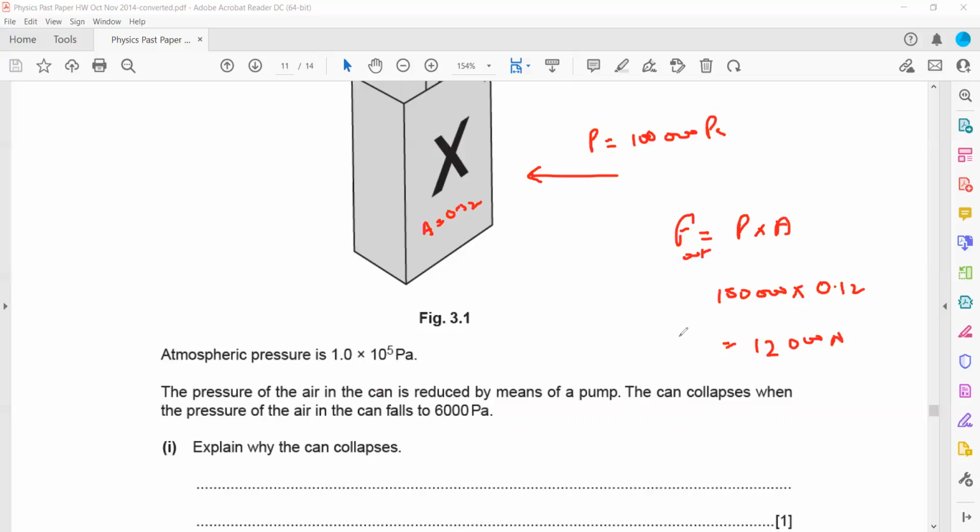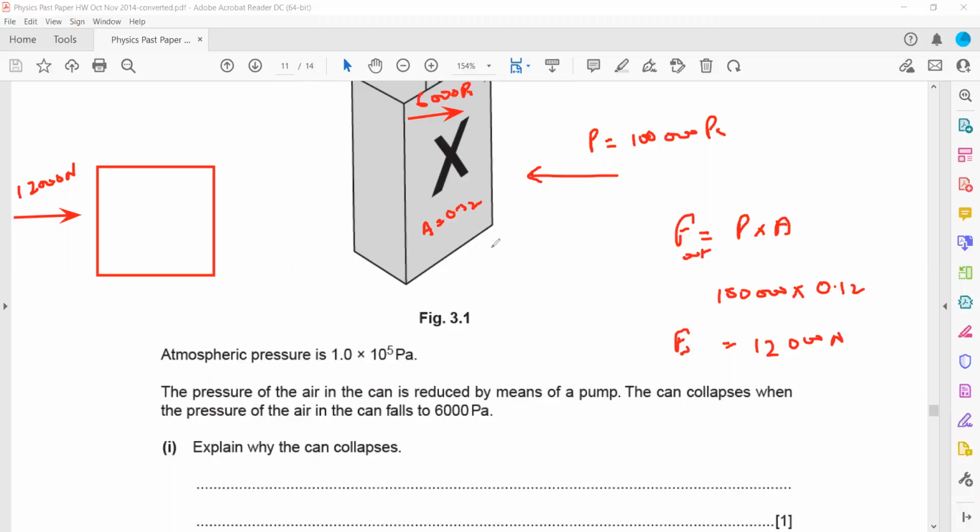That's the force on the can from outside. So that force is 12,000 Newton.